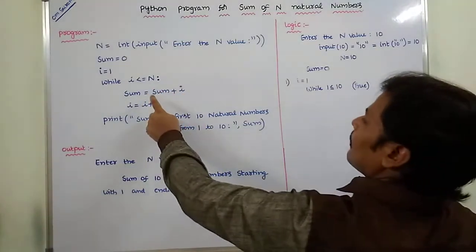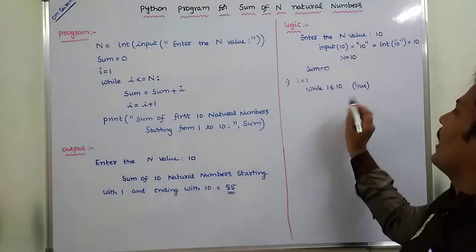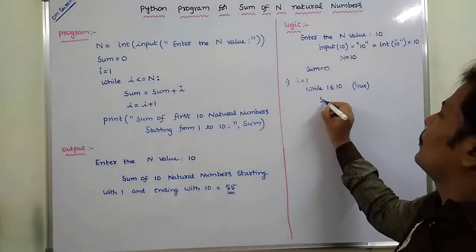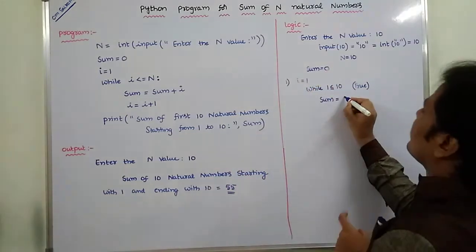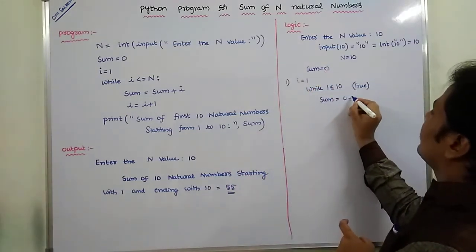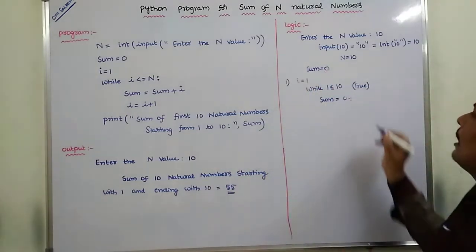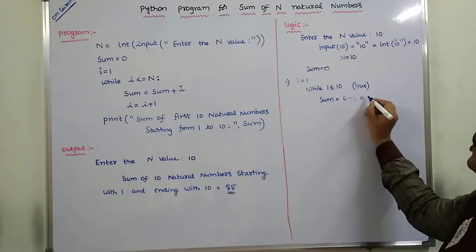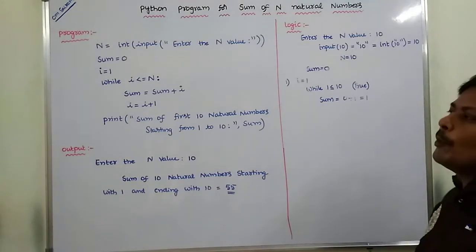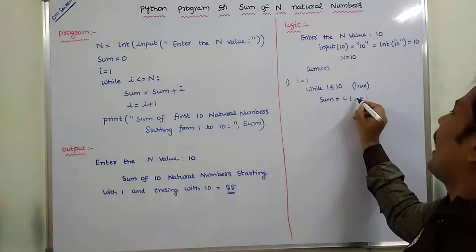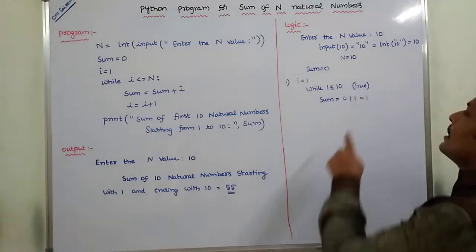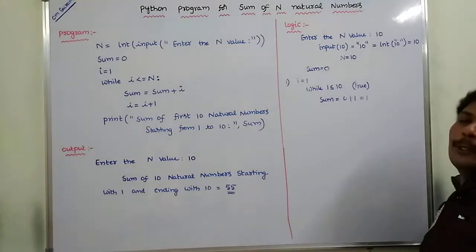In the body, the first statement is sum is equal to sum plus I. Initially sum value is 0 plus I value 1, so 0 plus 1 is equal to 1.